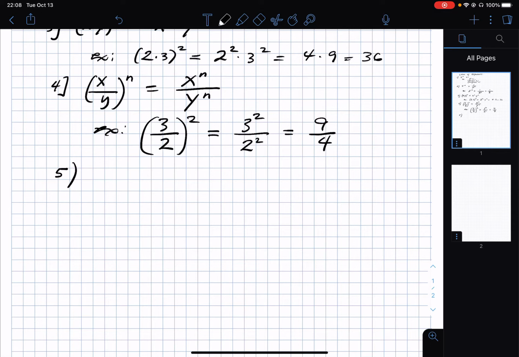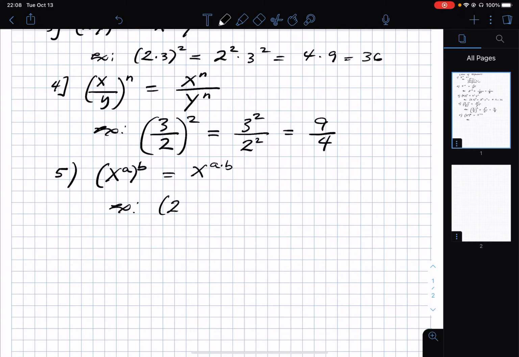Next one. You have (x raised to a), close parenthesis, raised to b. Okay. So that will be x raised to a times b. Let's have an example.